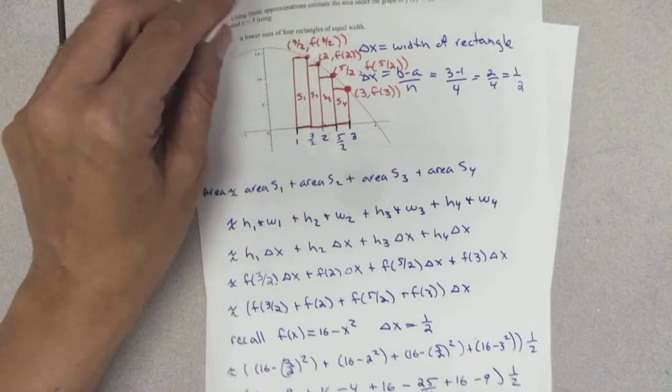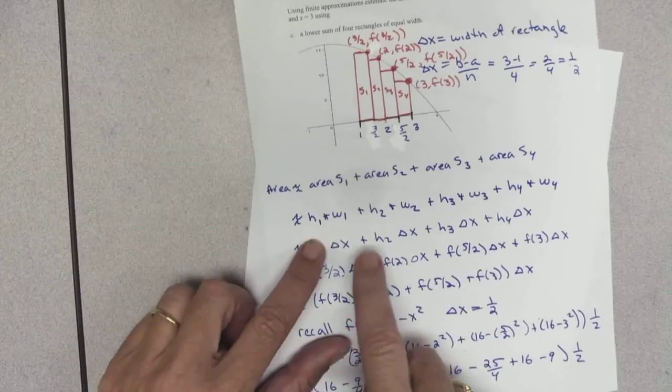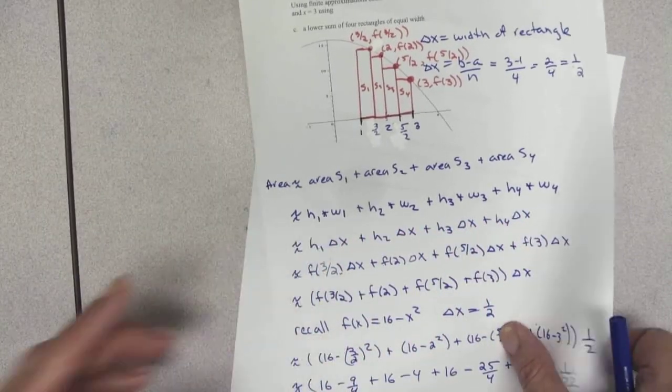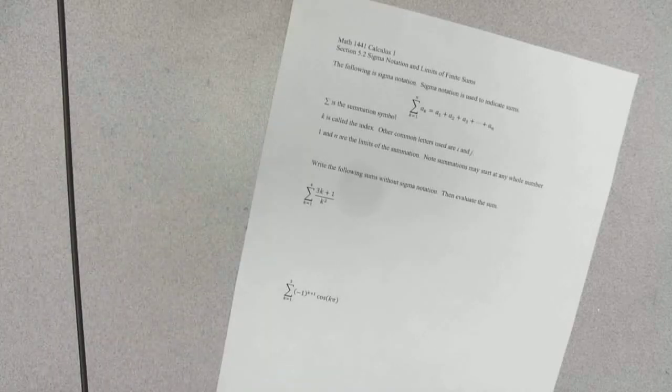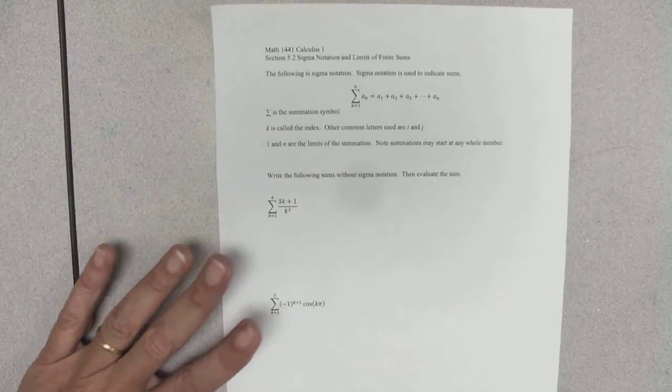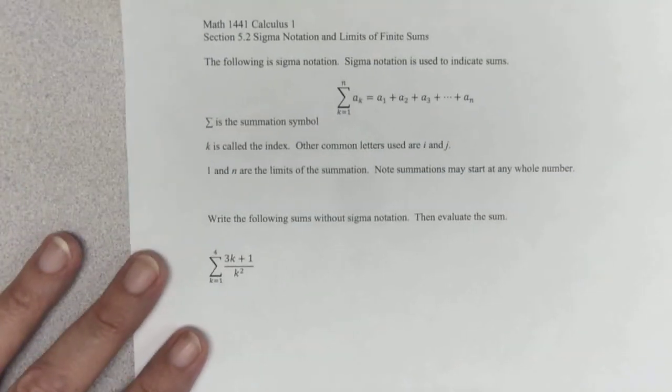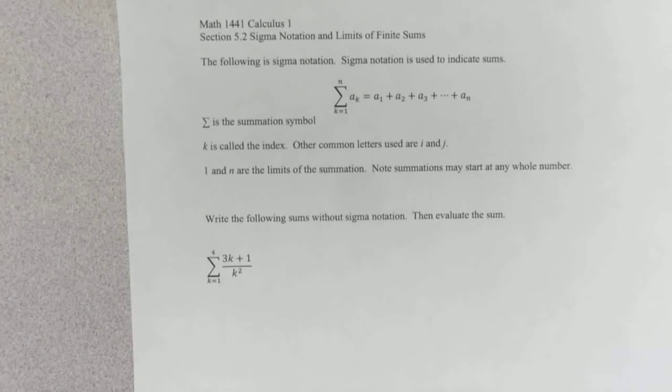So in this section, we're going to get some better notation to help us deal with this repeated addition, so that the notation at least isn't as cumbersome. What we're going to get to help us with that is something called sigma notation. Sigma notation is used to indicate sums.